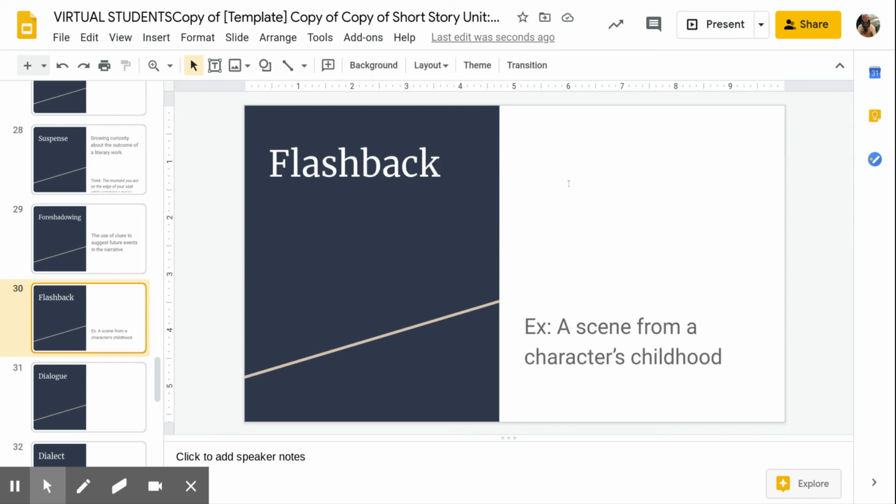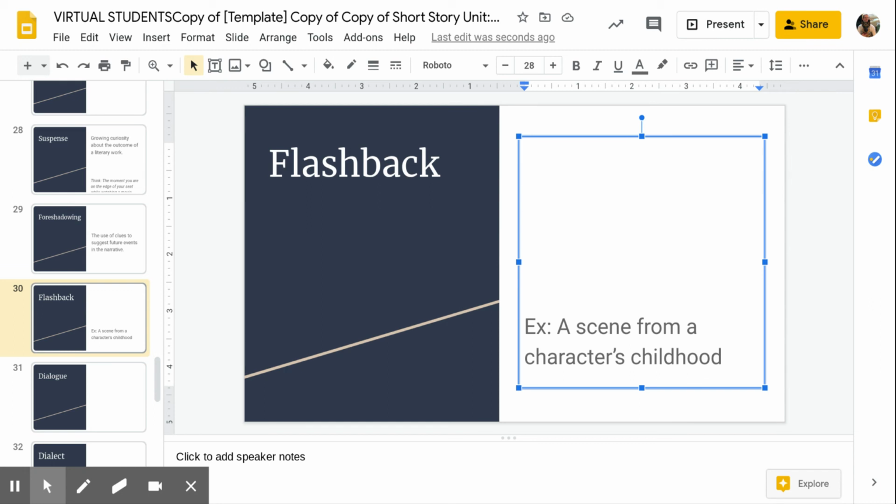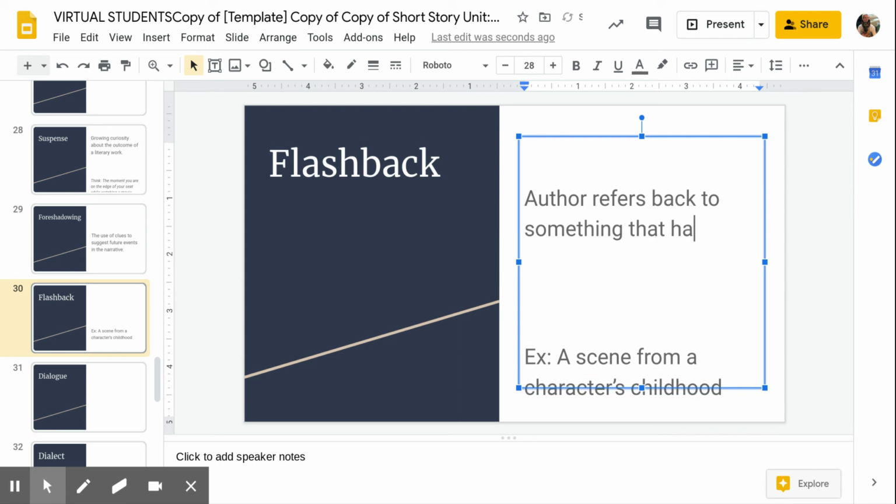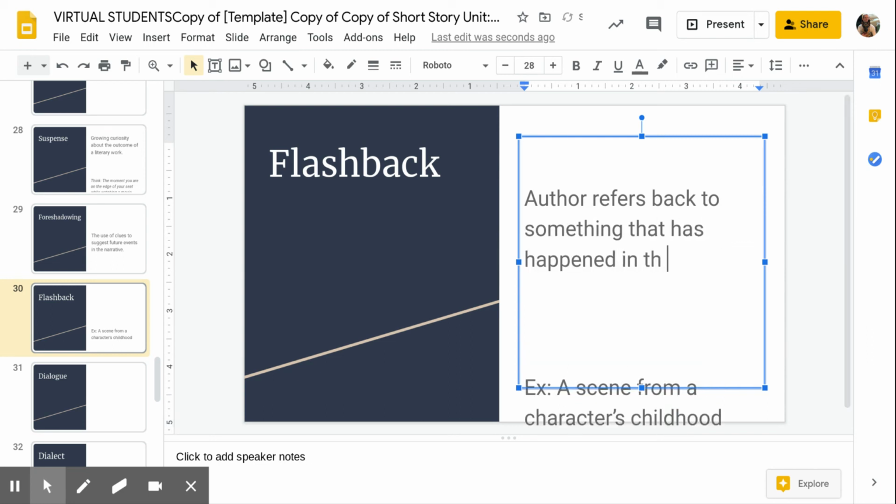Flashback is exactly what it means. Flashback is when an author presents material that occurred earlier than the present tense of the narrative. So basically, a flashback is just when an author refers back to something that has happened in the past.